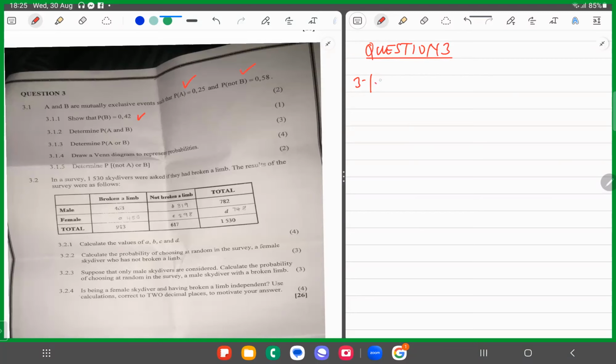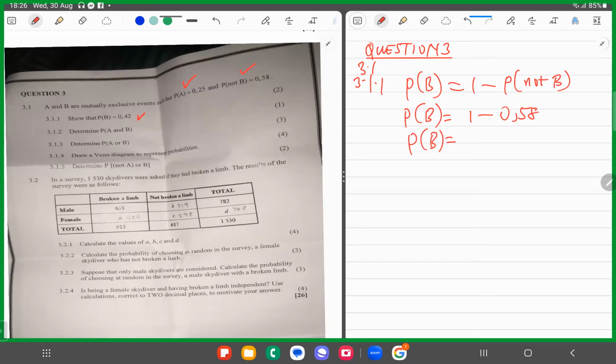Very easy. We know that the probability of B is equal to 1 minus the probability of not B. So the probability of B equals 1 minus, what is the probability of not B? 0.58. So the probability of B is 1 minus 0.58, which is exactly 0.42.